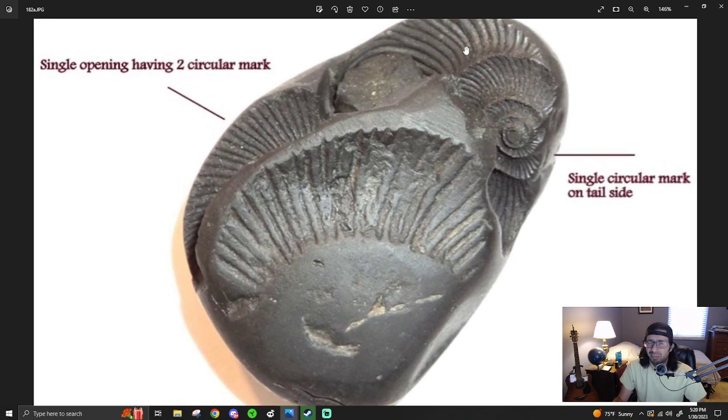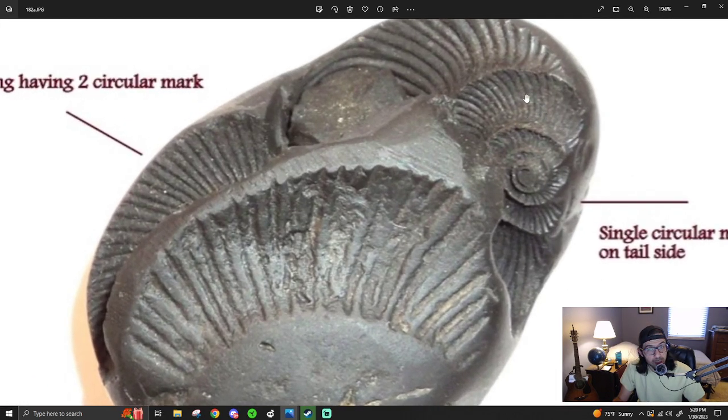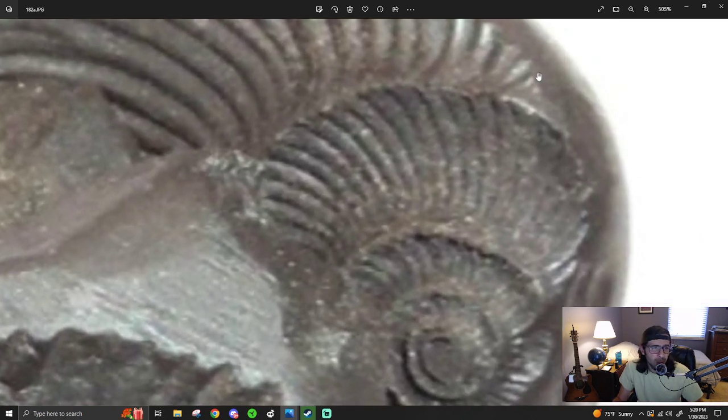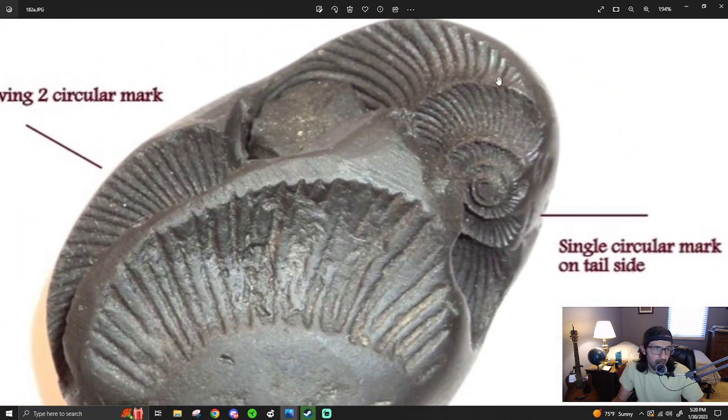This one I was like, what is going on here? It looks like this shalagram, or this chakra here, continues out this way, maybe, but it also has this, like it's opposite here.